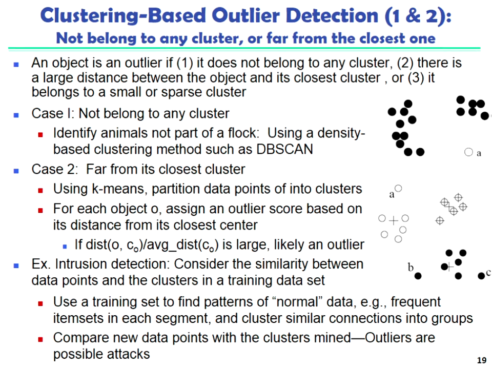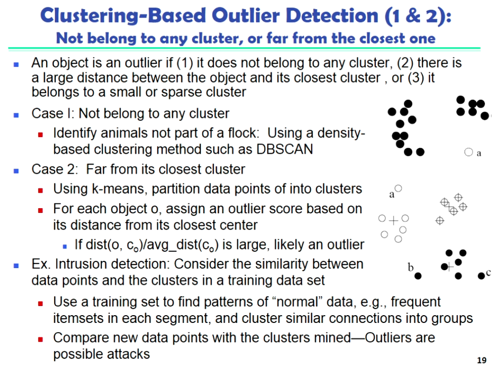Let's move now to case number two. Far from its closest cluster. Here in between, A cannot belong to the first cluster nor to the second one.